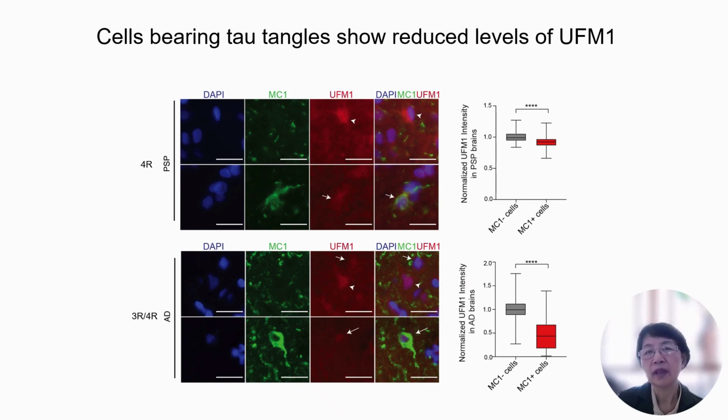We observed that neurons with higher MC1 signal show low levels of free UFM1, which is consistent with our in vitro results showing low levels of free UFM1 in tau-seeded iPSC-derived neurons. Our findings support that UFMylation promotes tau pathology in human tauopathies.